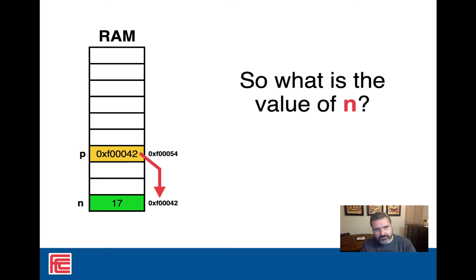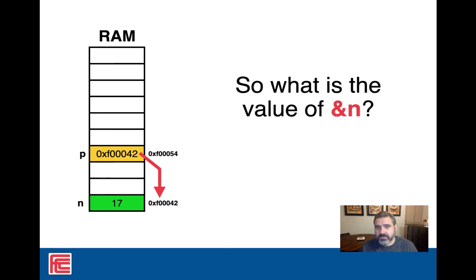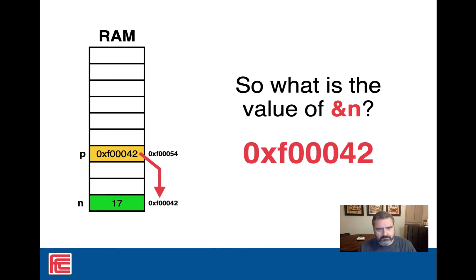So this is my structure here. If that's the case, what's the value of n? Well, the value of n is what it has always been. It's 17, right? But what's the value of ampersand n? Ampersand n is the address of n, which is the address that ends in 42. It's wherever n is located.